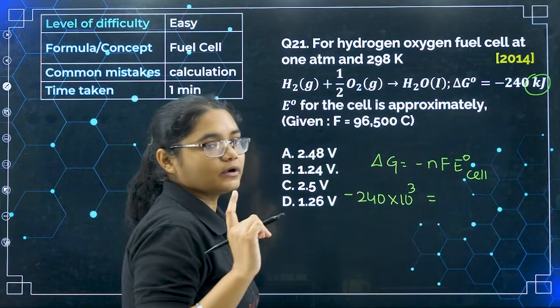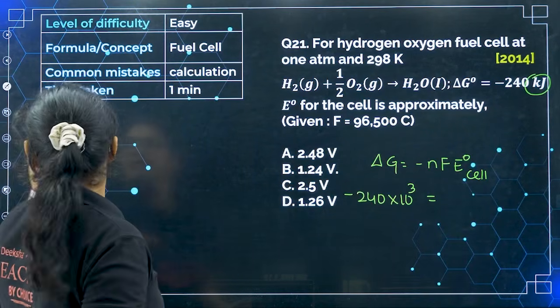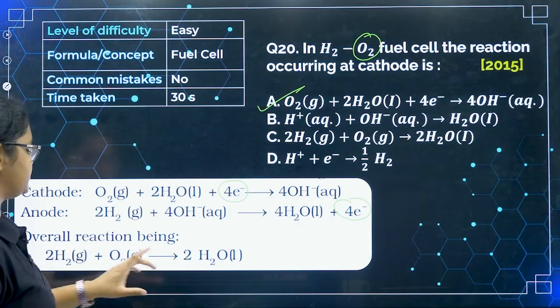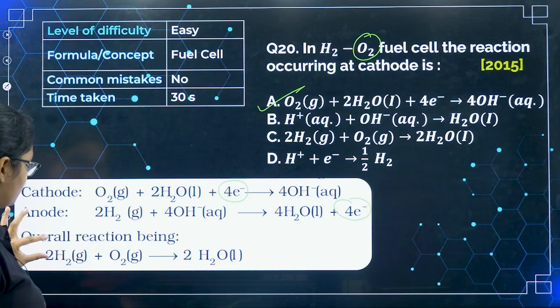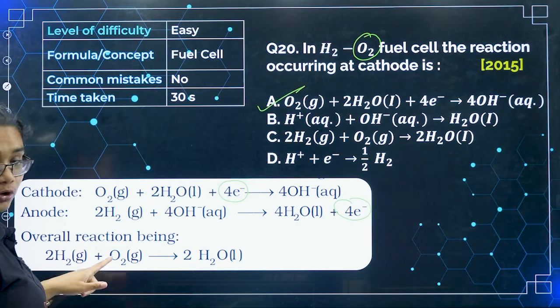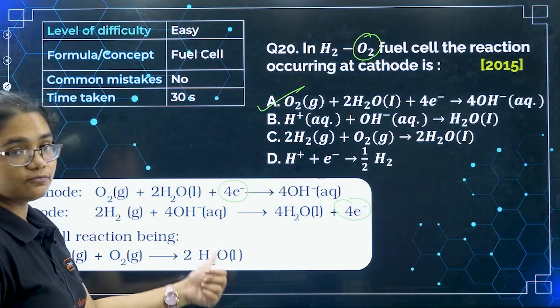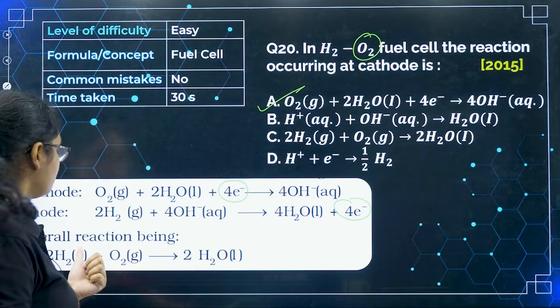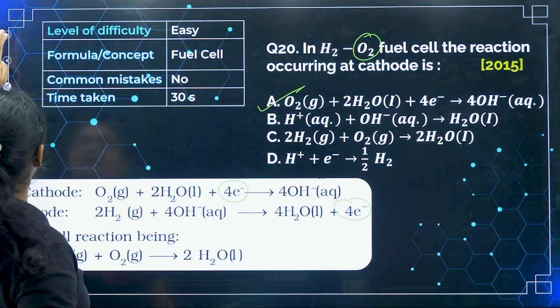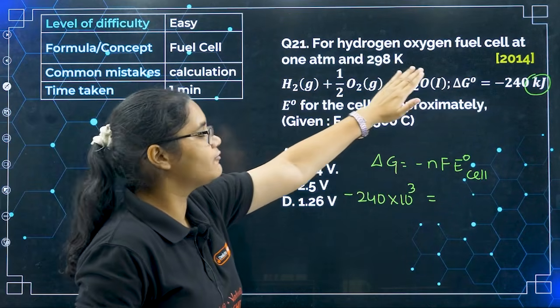N value is what here? This is very, very critical. See, if I show you the previous reaction, 2H2 plus O2 gives 2H2O. For 2 moles of H2 and 1 mole of O2 giving 2 moles of water, the number of electrons involved is 4 moles, for 2 moles of H2. But if you see in this reaction, this is half of that.